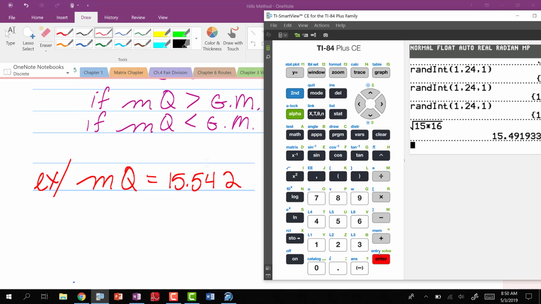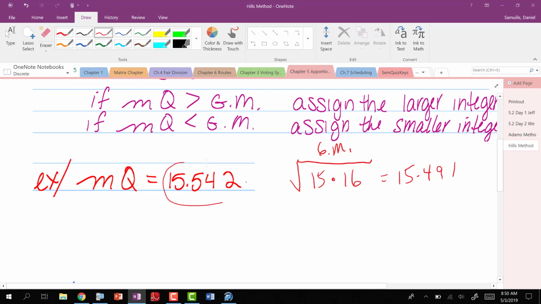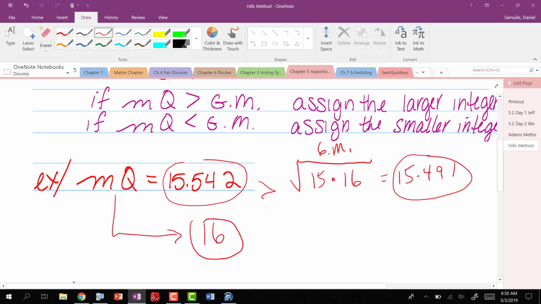But anyway, 15 times 16, and then the square root of it is 15.491. This is larger than this, so the quota that this will end up being is 16. You go to the higher of the two that it is between based off of this comparison. And that is all you have to do mathematically.